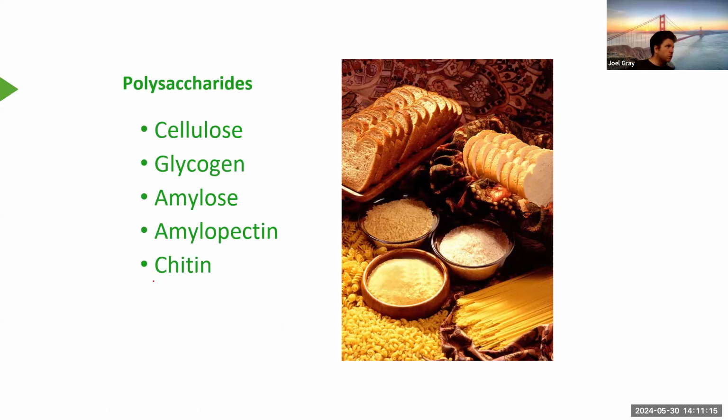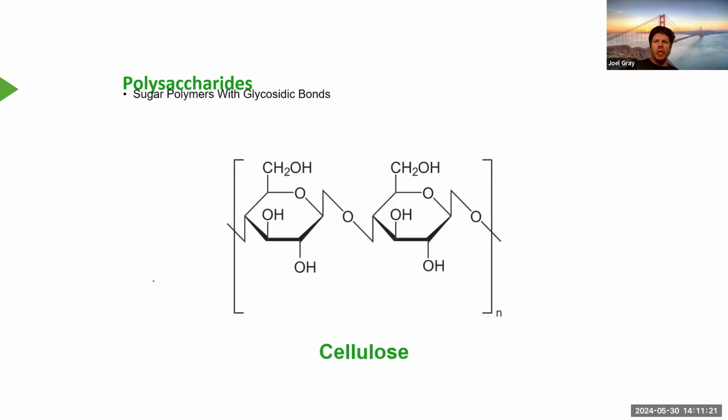So cellulose is great because, oh man, it's just a bunch of glucose, but we can't eat it and actually extract any energy from it. And the reason for that is because of the linkages that connect each one of those individual subunits. So here is a cellulose molecule. One of the things that I want you to notice about it is this bracketed unit just repeats over and over and over again.